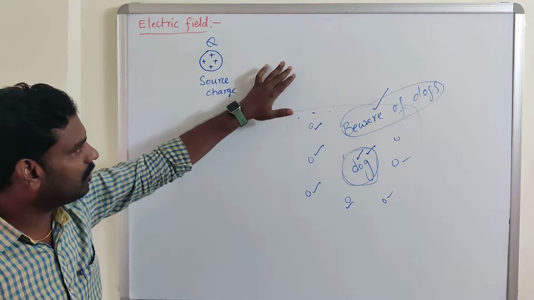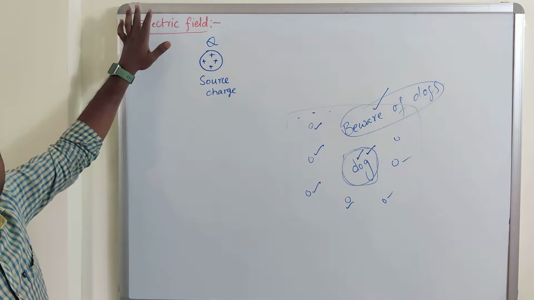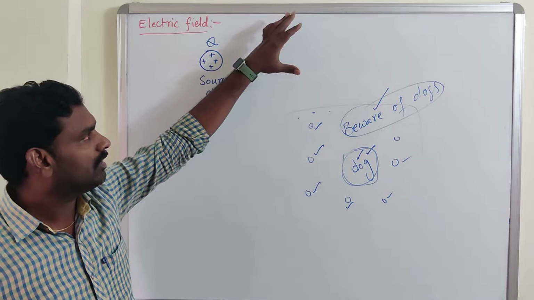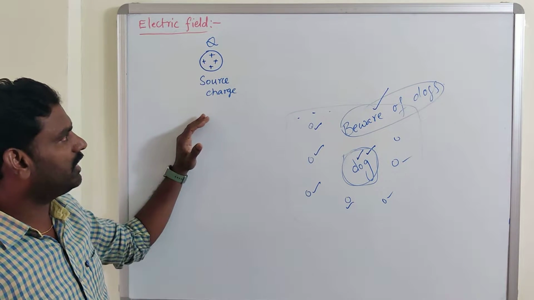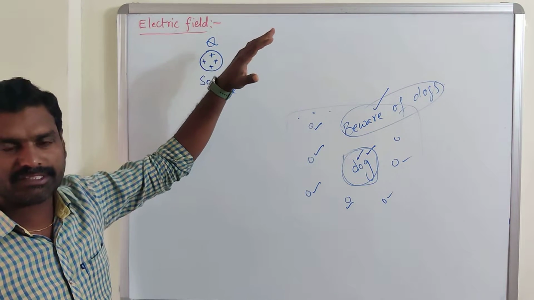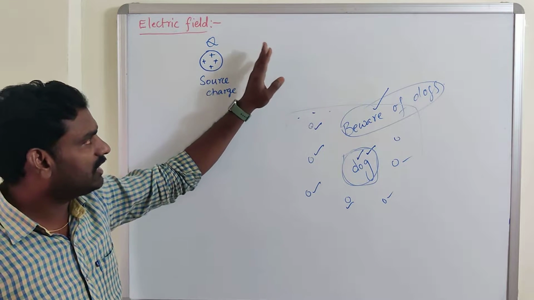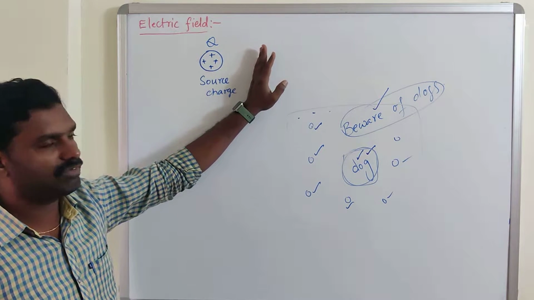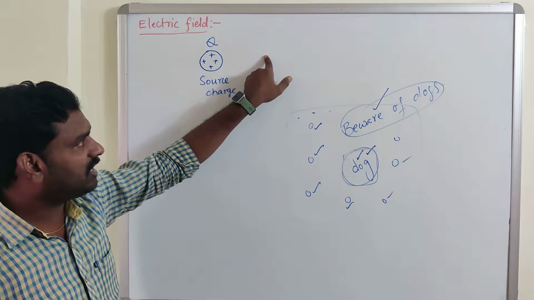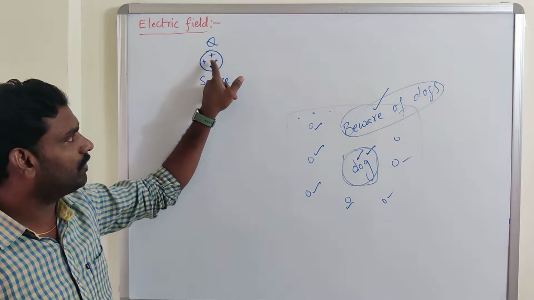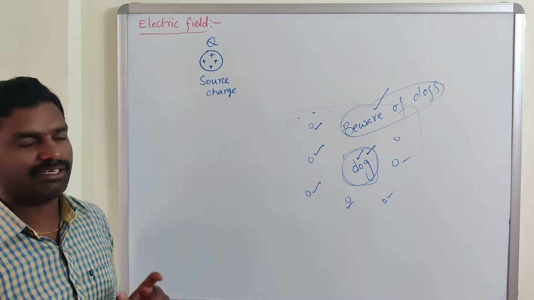It creates its own electric field, its own influence about the surroundings, in which if any charge is kept into that region, that other charge will experience some force due to this charge.